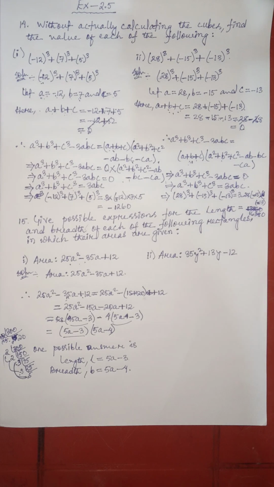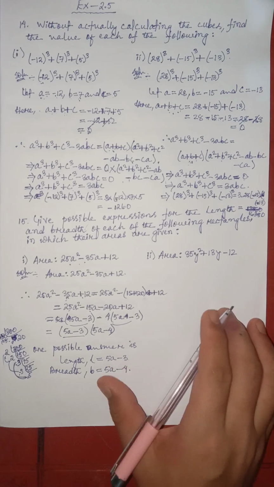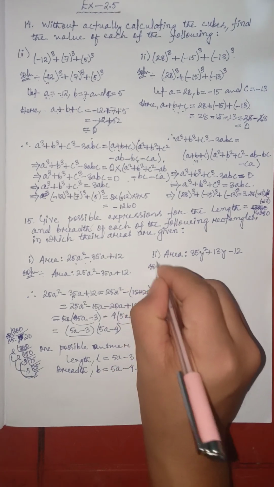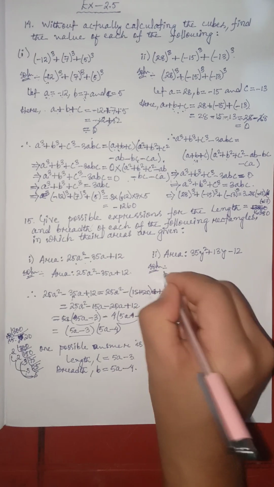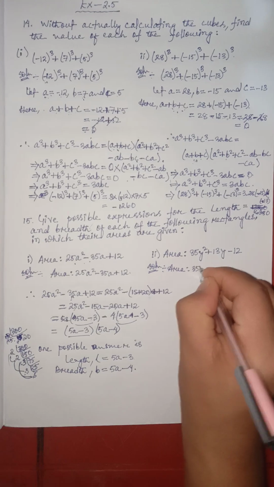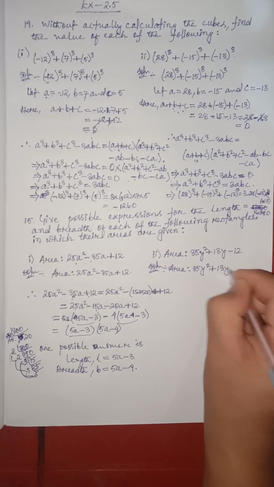Is it clear to all of you? Then let us move to this. If it is clear, then I will move to the next. Here we have the same question which we just solved, in Roman number 2.